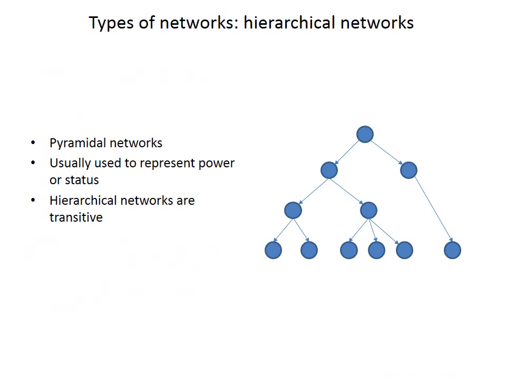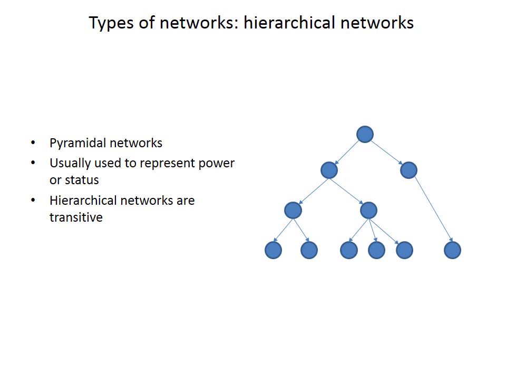Another way to characterize networks is to look at the structure of networks, whether networks are ordered or disordered. We already looked at it. Certain networks are hierarchical, other networks are not. When we say hierarchical, we refer to the fact that the structure is kind of pyramidal, and information in a hierarchical network must follow the hierarchical line.